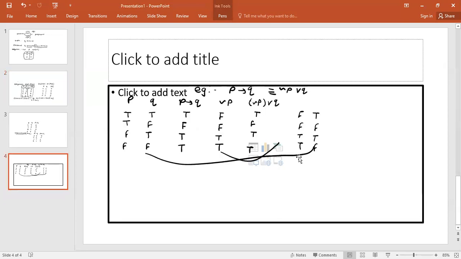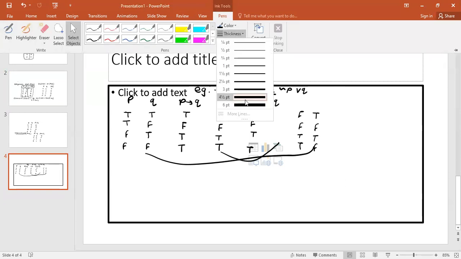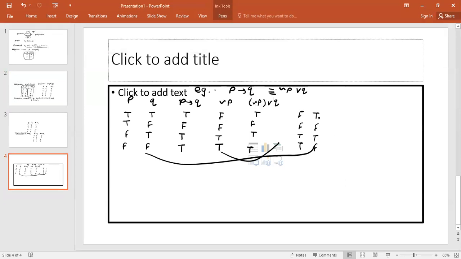So in this, it gives F, T, then it is T, here it is F, here it is T, and this is also T. So this is the same result as we get here.